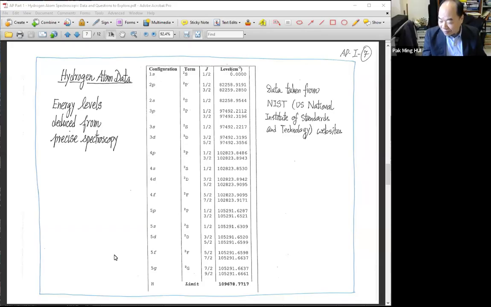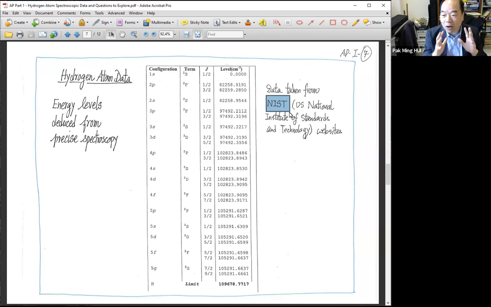I was on this table on Tuesday. So these are some real data. You can find the data on this particular website of the US National Institute of Standards and Technology.